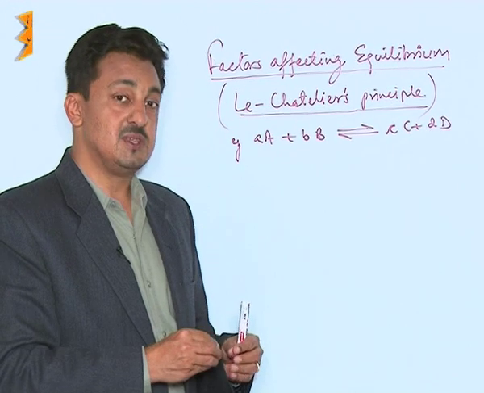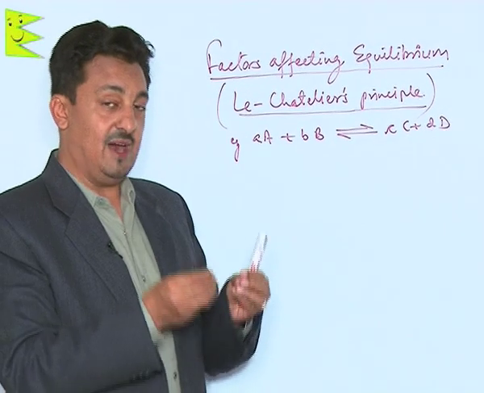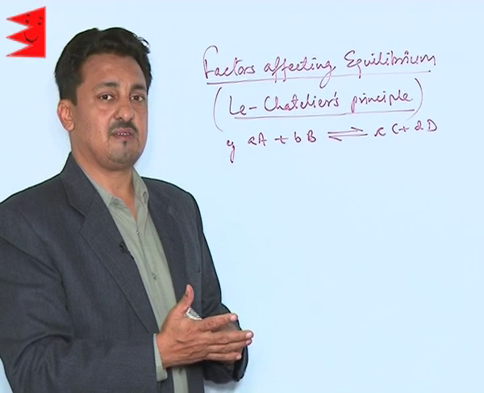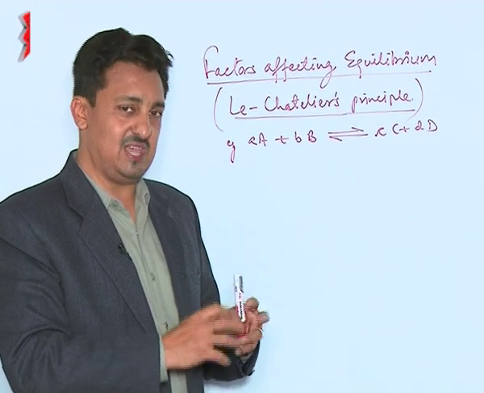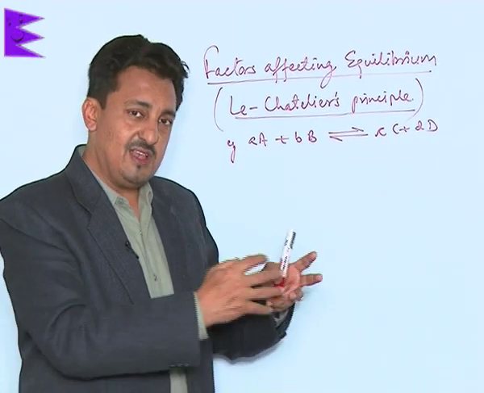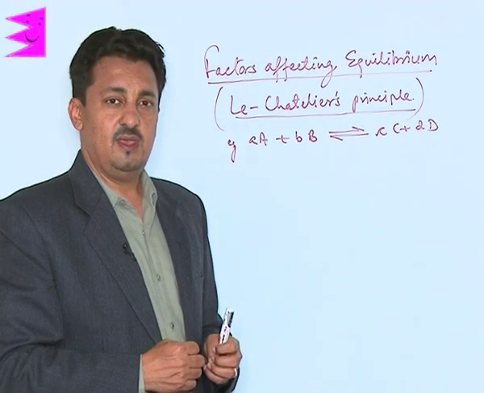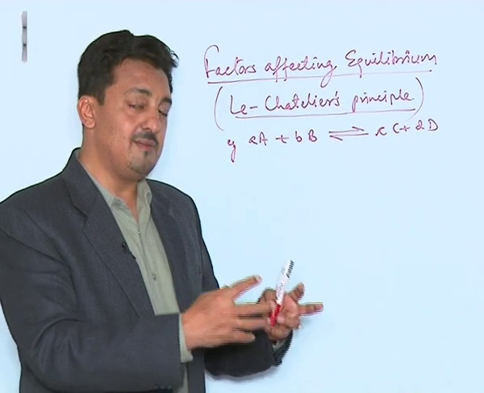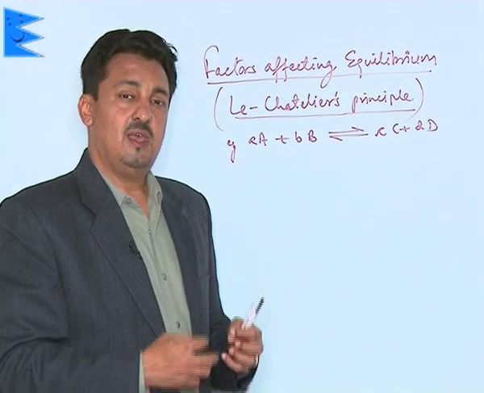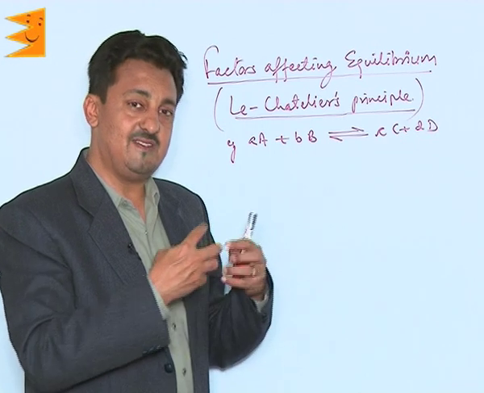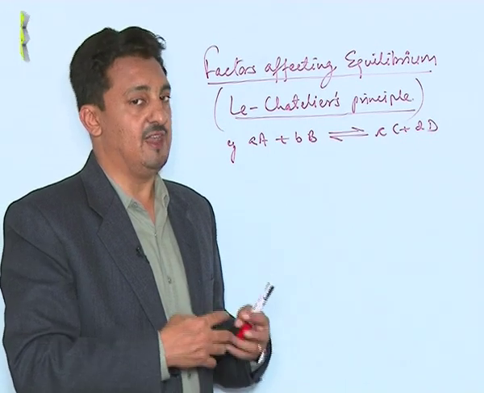Now if the factors which determine the state of equilibrium, like temperature, pressure, concentration, etc., are changed, definitely the state of equilibrium gets disturbed. Once it gets disturbed, it will try to move in the direction so that the change which has been brought is neutralized.